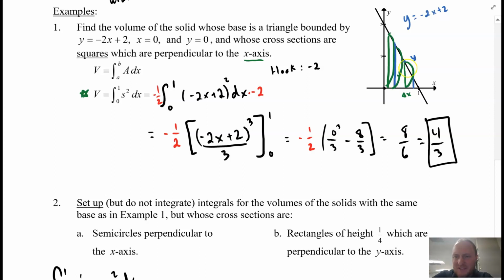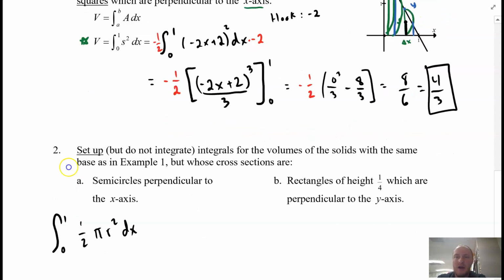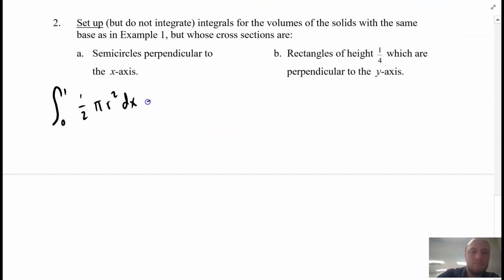Well, if this is a semicircle, our radius is only going to be this distance. So essentially it's half of whatever y was, so 1/2 of y. I'm going to go ahead and replace that. So we have the integral from 0 to 1 of 1/2 pi r squared.